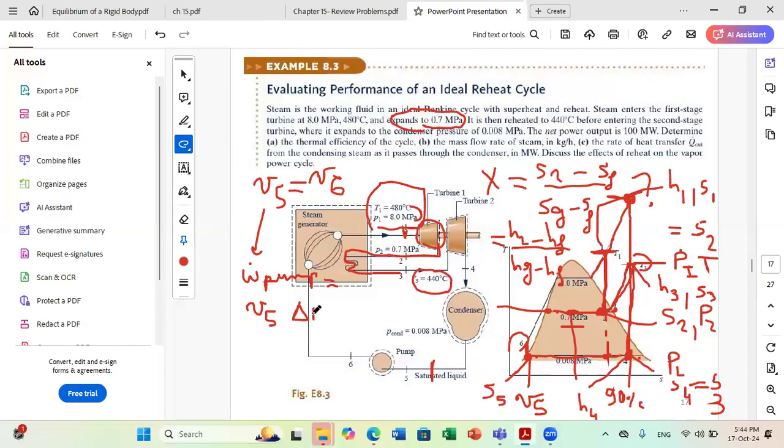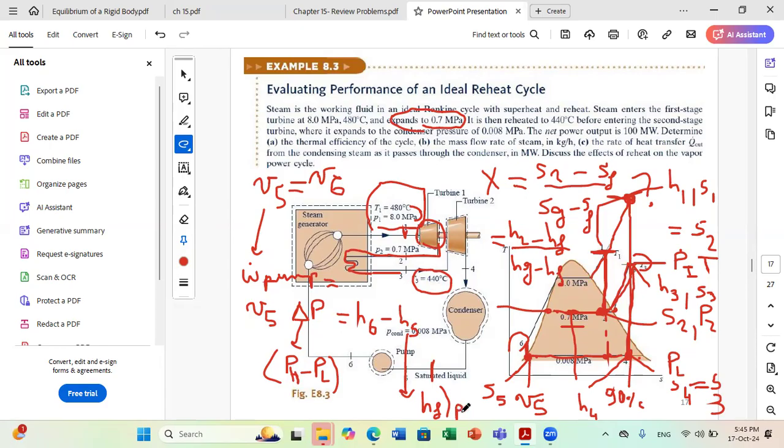Okay, so delta P will be P high minus P low. And if you do the energy balance for your pump, P high minus P low times V5 is equal to delta H. Okay, so it's equal to H6 minus H5. And H5, we can get it. H5 is saturated liquid, HF, which is enthalpy of saturated liquid at the pressure P low.